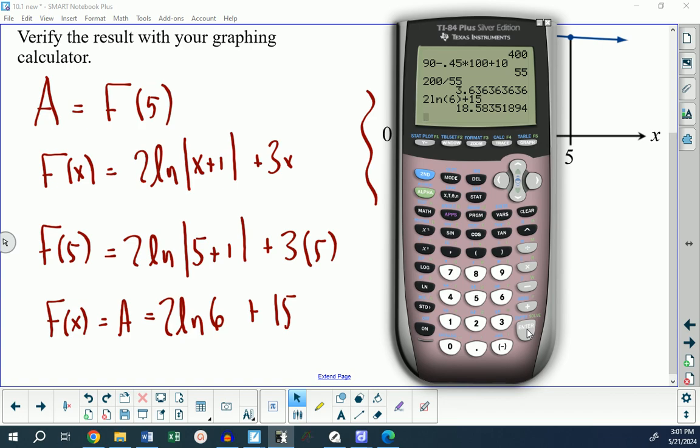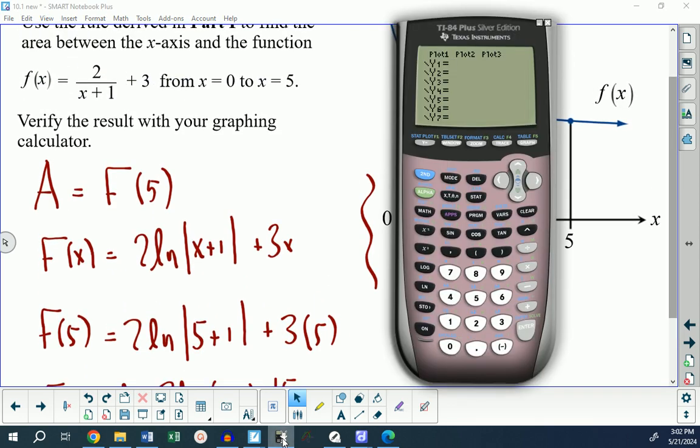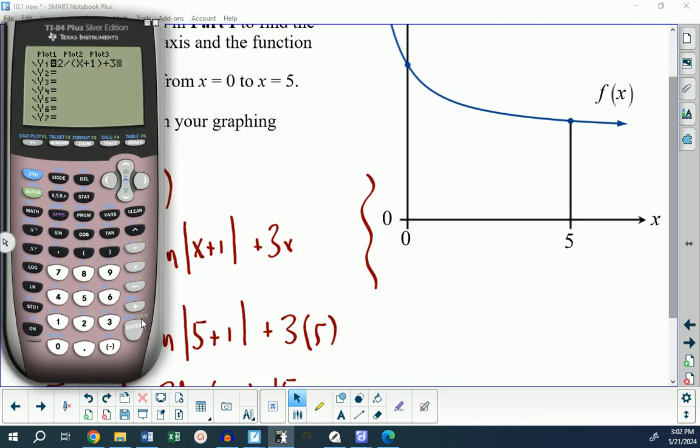That's not my point. If you did write it down, you'd put approximately equal to. The question said verify with your graphing calculator, so I'm going to put this into my graphing calculator. The function, which is 2 over x plus 1, plus 3.